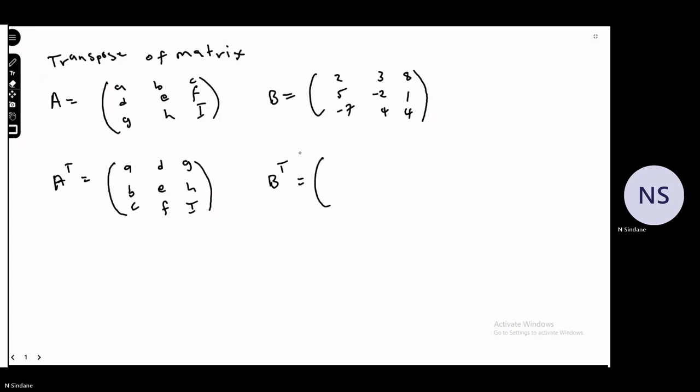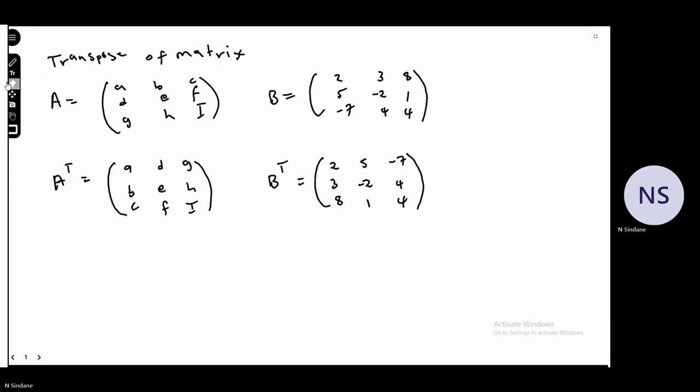Then 5, -2, 1 is your row, and lastly we will have -7, 4, and 4. That is your transpose. Now, from the transpose, there are things that you also need to know.